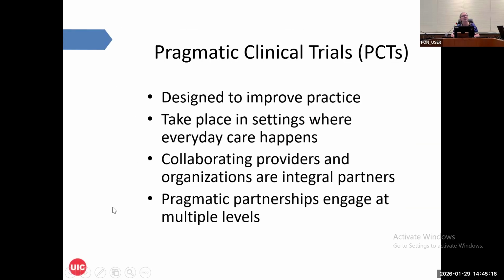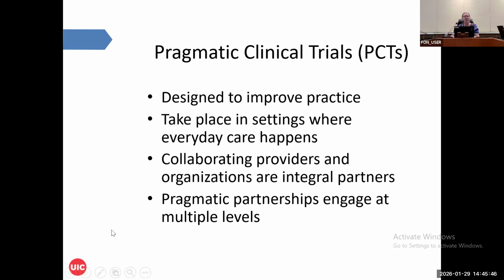Okay, so pragmatic clinical trials are specifically designed to improve practice. They take place in settings where everyday care happens. You're collaborating with providers and organizations because that is an integral partner to your research, and pragmatic partnerships engage at multiple levels.